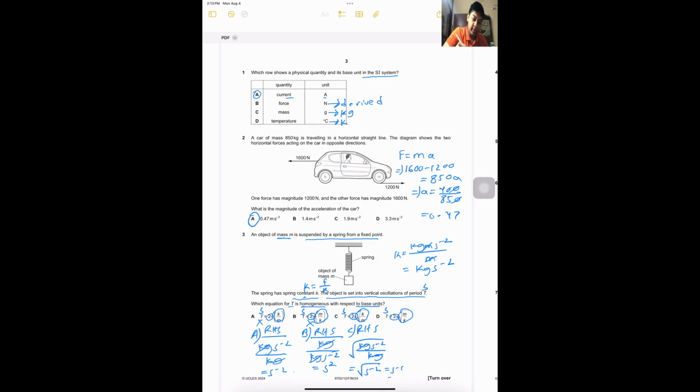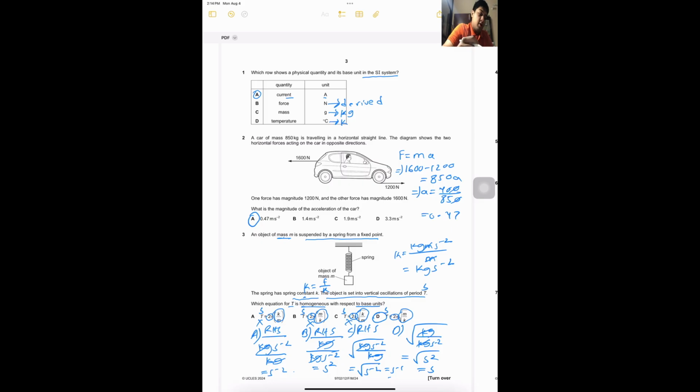So that is wrong as well. Then part D, it is root over kg by kg s minus 2. The kg's are cancelled, equal to root over s square. Yes, this is s, and also equal to the s on the left hand side. Hence D is your answer.